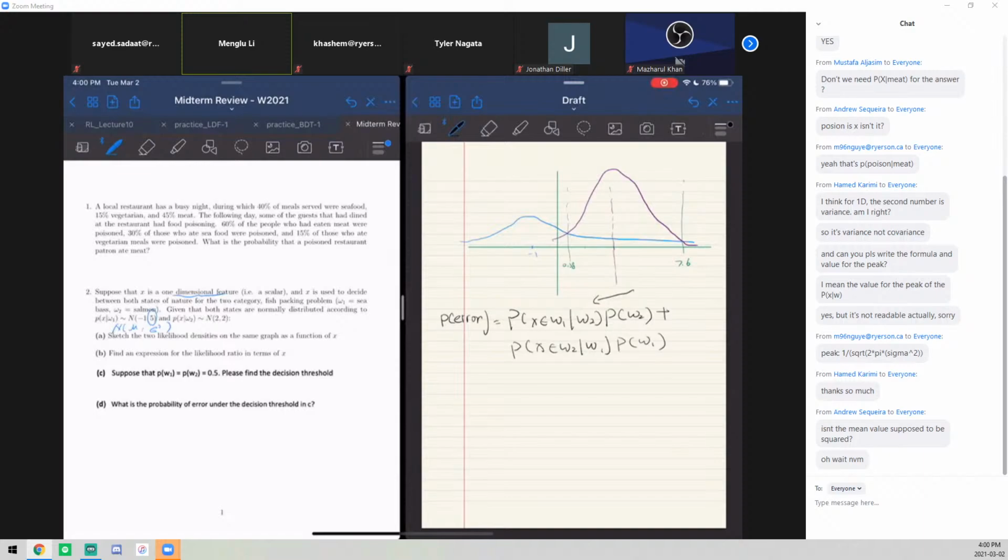So we sum up these two cases. The total probability is the probability of error. Because we know the priors, now we want to know the probability of misclassification.